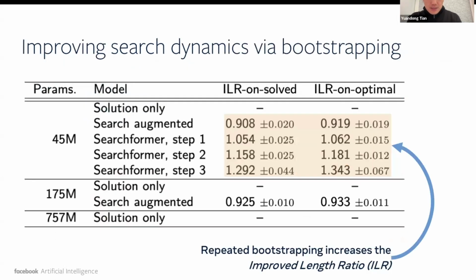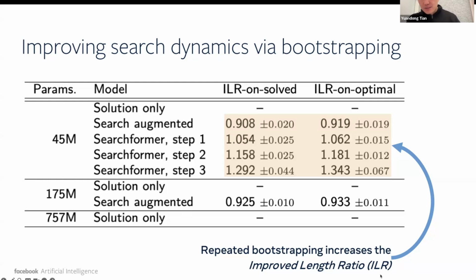In terms of numbers, the Searchformer results achieve higher scores compared to the existing approaches. Here we define a metric called the improved length ratio, which is related to the ratio between the A star search trace and the current search trace provided by the models.